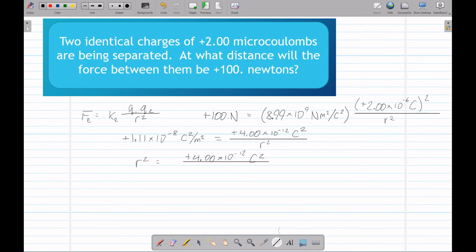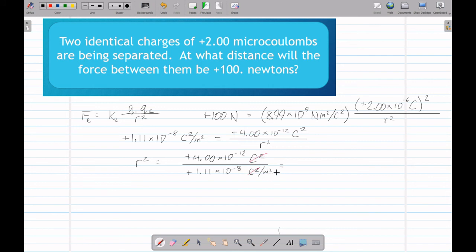all over positive 1.11 times 10 to the minus 8th coulomb squared per meter squared. All right, so when we do this division, coulomb squared is going to get canceled out.